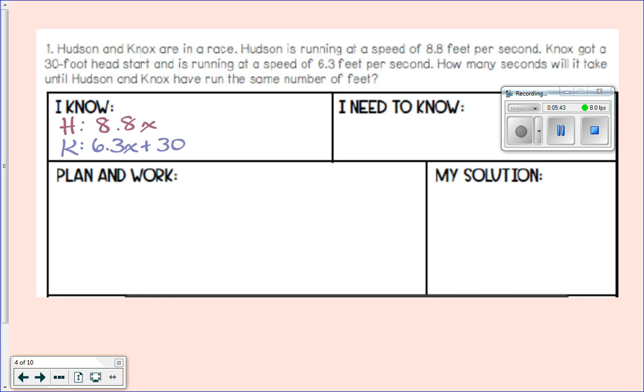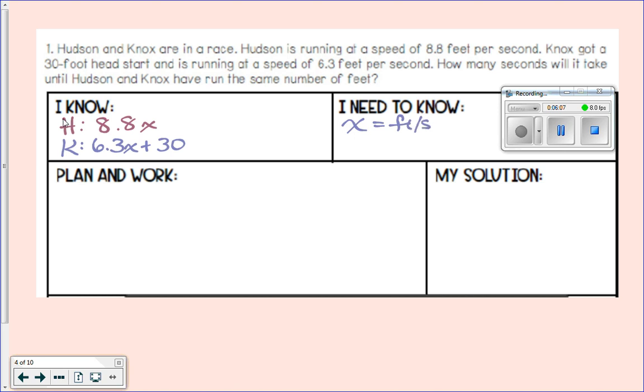What do we need to know? The value of x, right? What does the value of x? So our plan and our work is, what does the value of x represent? The feet per second. Okay.